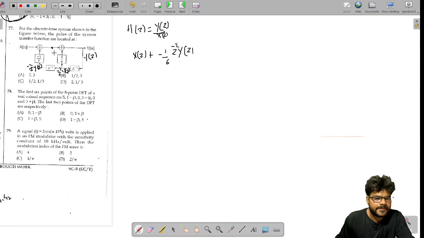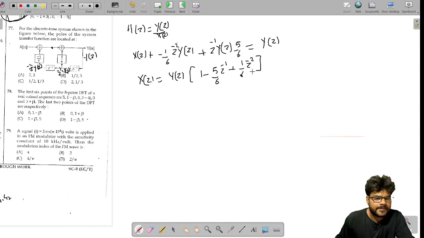So here, in this also we will add z inverse into 5 by 6, z inverse Y of z into 5 by 6, this will be equal to Y of z, right. So X of z will be, let's take Y of z common, and we can write 1 plus, not minus, 1 by 6 z inverse plus 1 by 6 z minus 2.